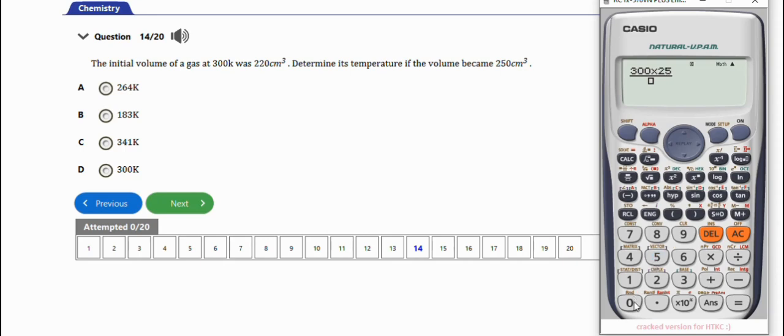Remember, we are looking for T2. So to make T2 the subject of the formula, you multiply your T1 with the V2, divide by the V1, and the V1 here is 220 cm cube.